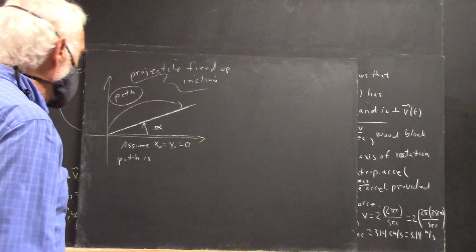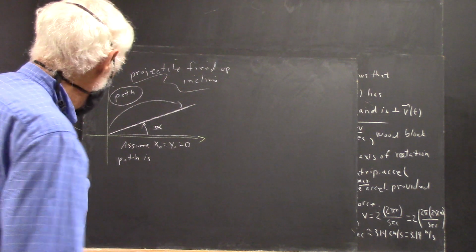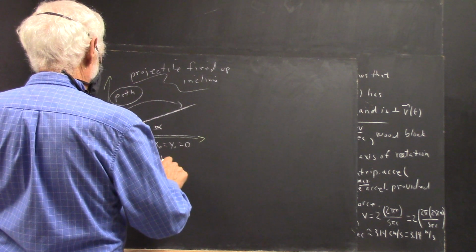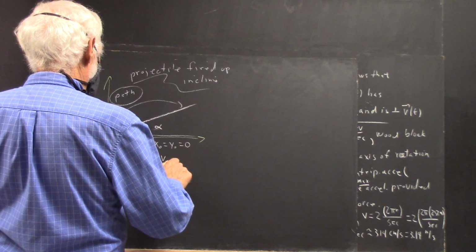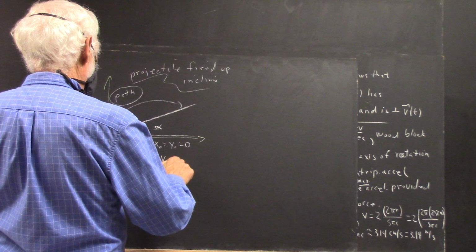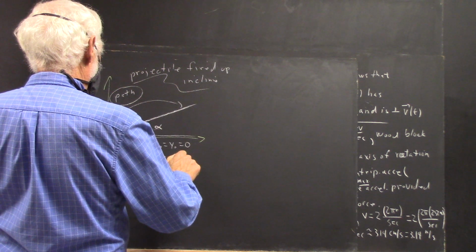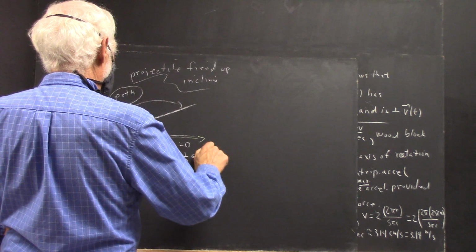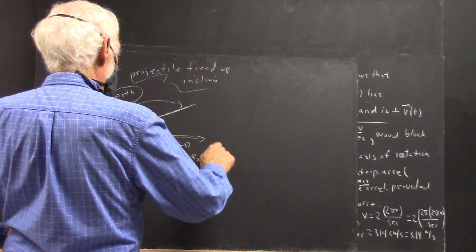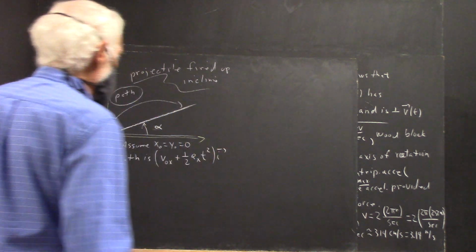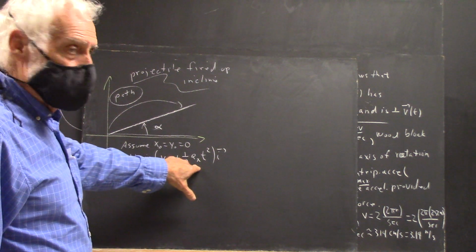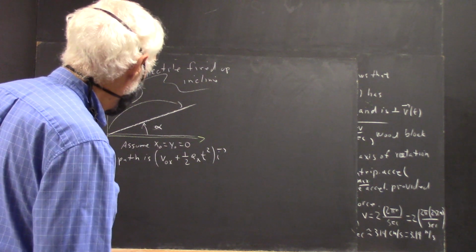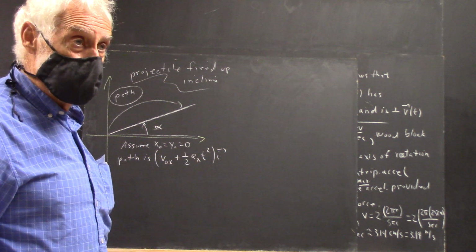We'll assume x naught equals y naught equals 0. Then the path is v naught x plus 1/2 ax t squared in the x direction. It's just your equation of motion in the x direction, right?